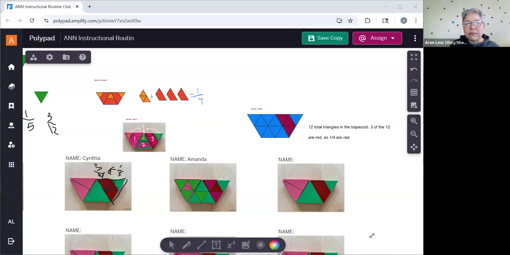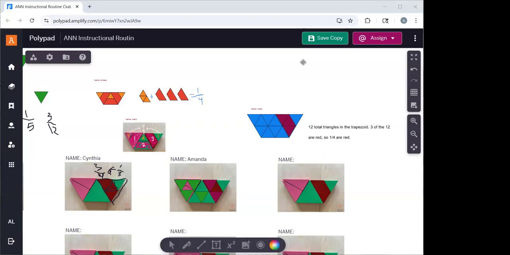I think we've heard from most folks. Dwight, do you want to share your thinking? Sure. The reason I came up with 1/5, and I will guarantee you that if I pose this question to my students, they would do the same thing that I did, is a literal interpretation of the question. The question was, what fraction of this shape is red? There are 5 shapes. One of them is red, so it's 1/5.